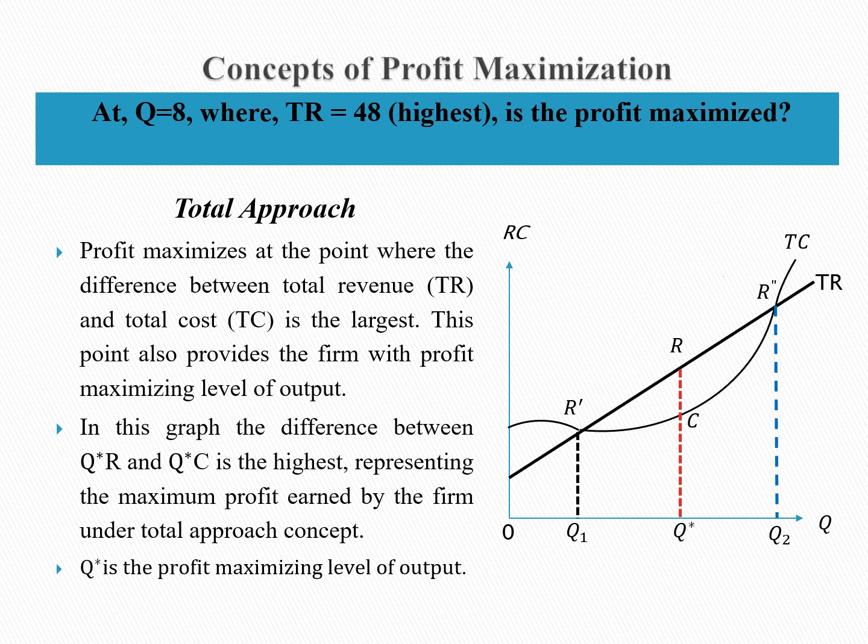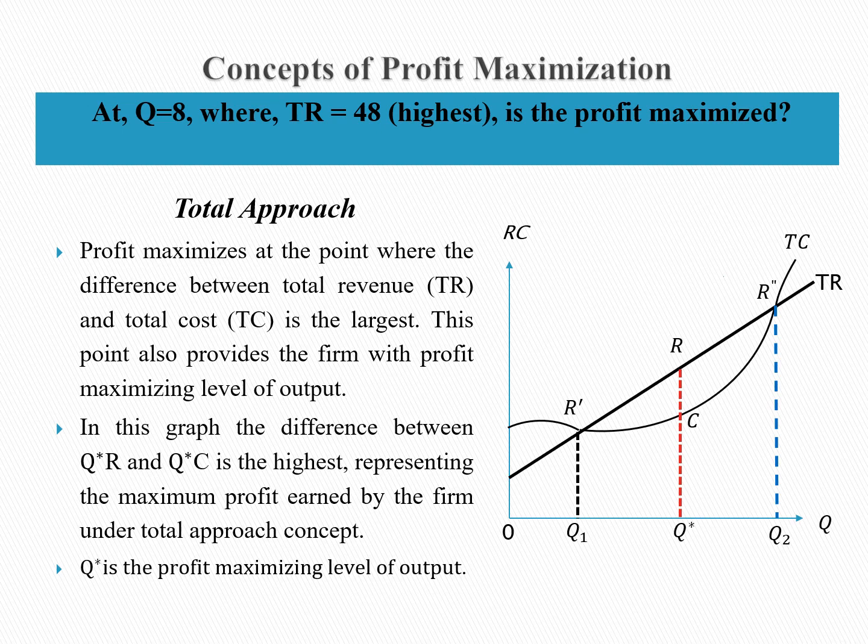Also at the quantity Q2 level, total revenue and total cost are equal to each other. So if total revenue and total cost are exactly equal to each other, then the firm has actually not earned profit at these points.